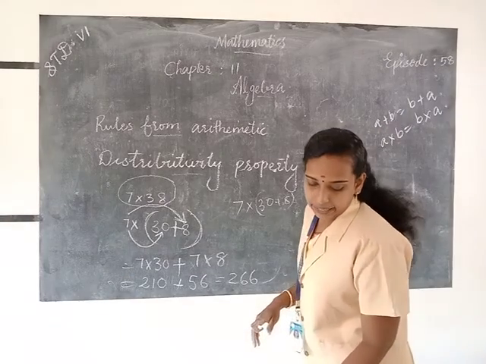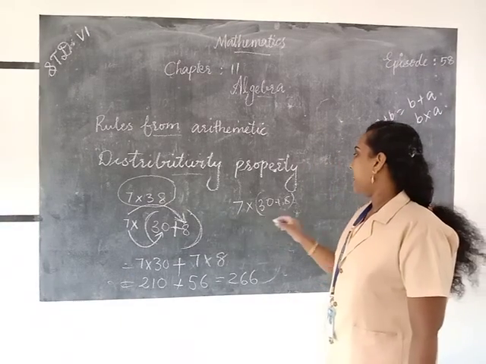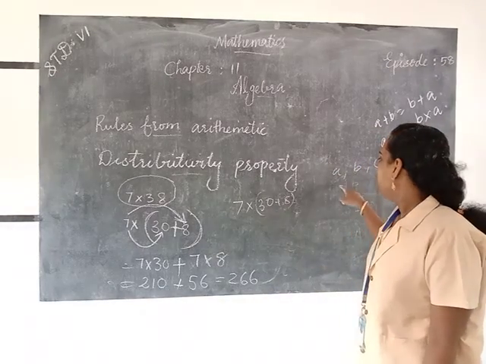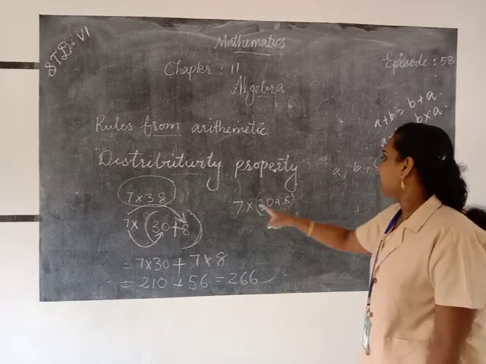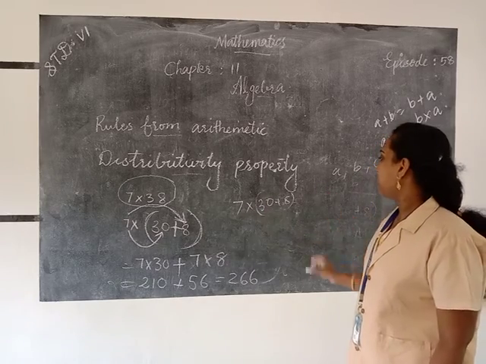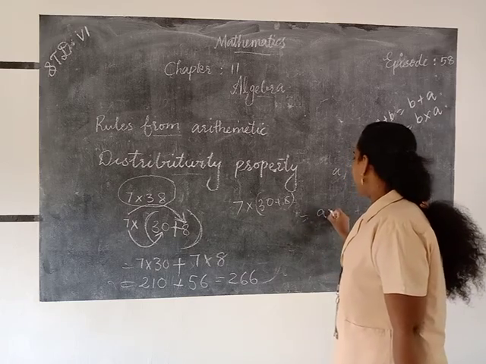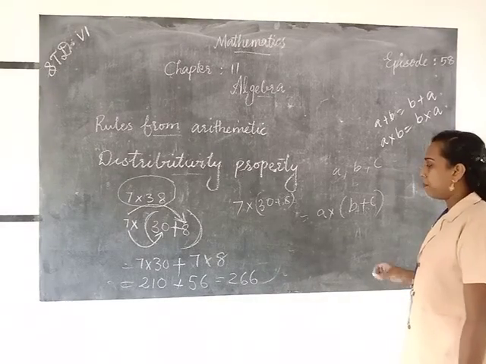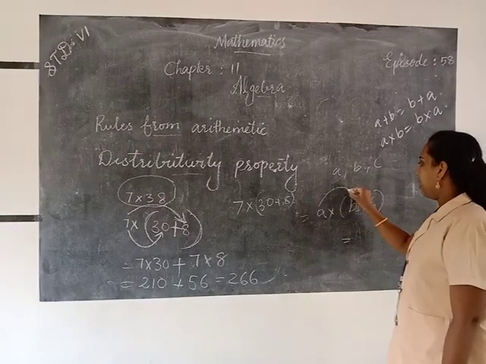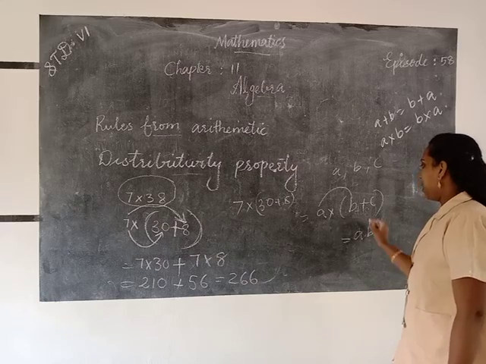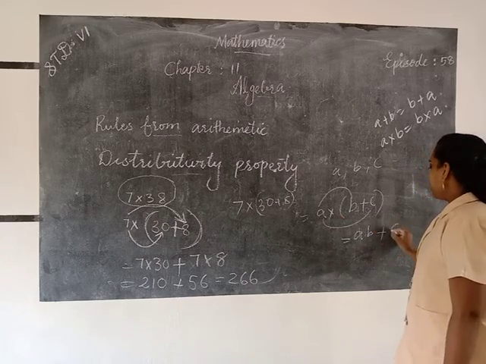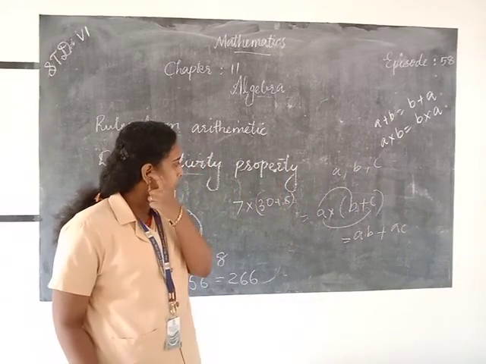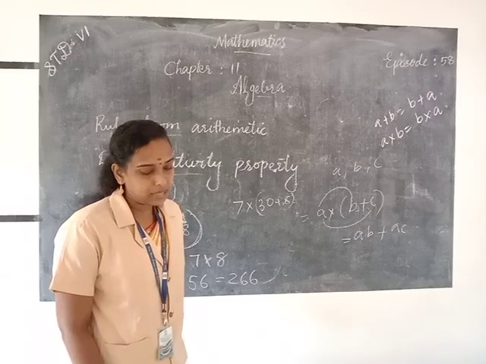Here we take the three numbers or three variables as A, B and C. Then we can write A into B plus C. Then we can write A into B, that is AB, plus A into C. This is called the distributivity of numbers. A into B plus C is equal to AB plus AC.